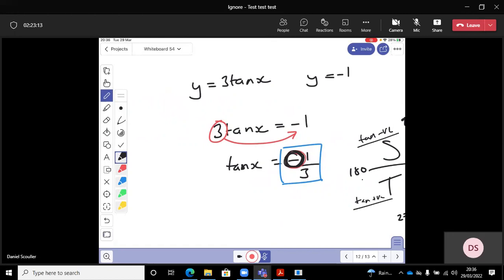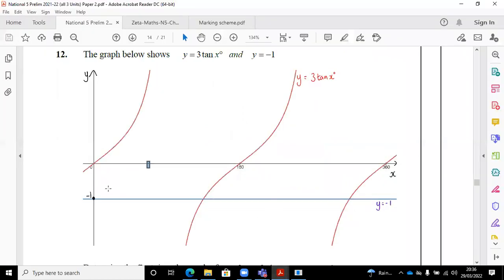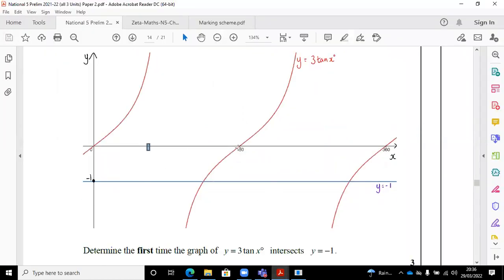So we're looking for an answer when the graph tan x is negative. Graph tan x is only negative between 90 and 180 and 270 and 360.